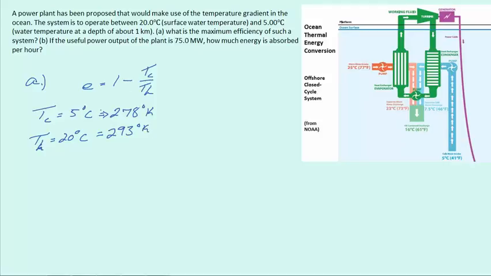So now we can use our efficiency equation, which states that 1 minus our cold temperature of 278 Kelvin divided by our hot temperature of 293 Kelvin will give us an efficiency of the engine, which is approximately 0.0512.